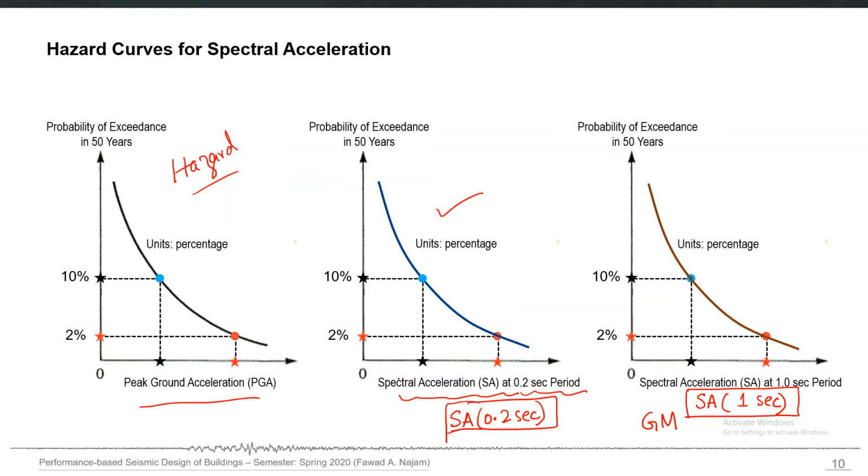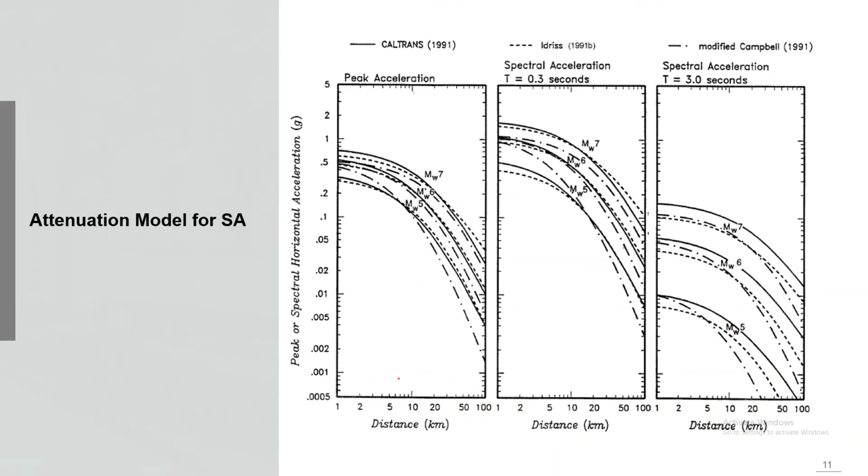So the summary is that PSHA can be performed for spectral acceleration also, at different time periods of the structures. In this figure you can see the ground motion prediction equation for different magnitudes, but it is not just one PGA ground motion prediction equation. We will also have spectral acceleration for different time periods as the hazard parameter, and there will be different GMPEs corresponding to that.